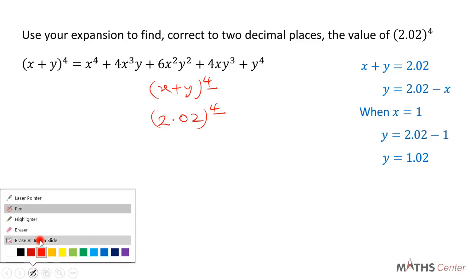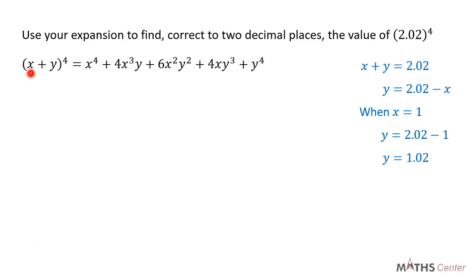So what it means is that if I want to use the expansion of x plus y exponent 4 to evaluate 2.02 exponent 4, then I'll have to substitute x is equal to 1 and y is equal to 1.02 into this expansion. So I can write 2.02 exponent 4 as 1 plus 1.02 exponent 4.